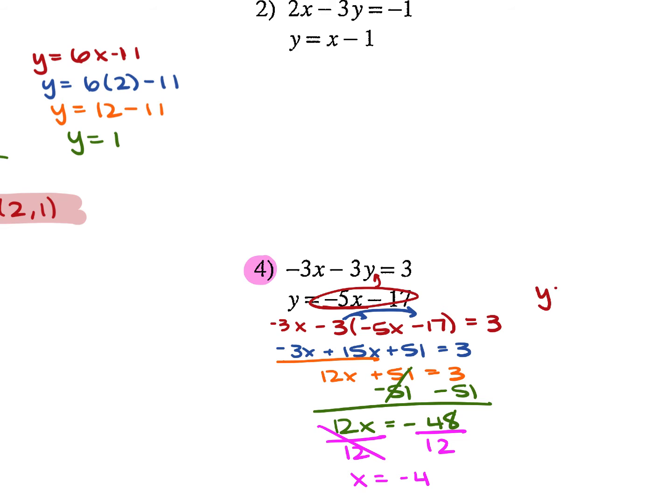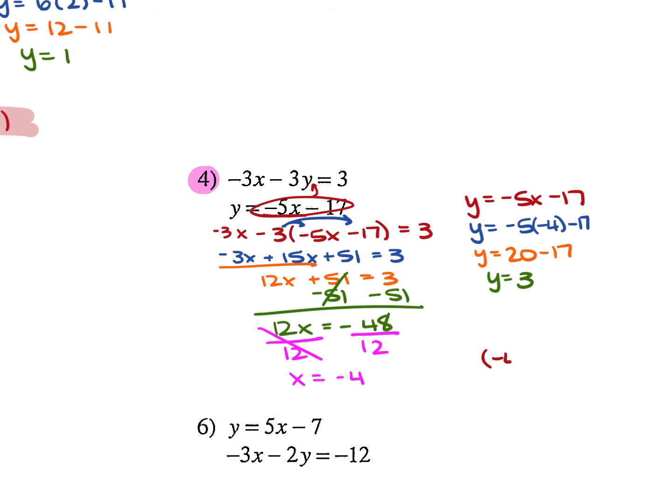We know that y is equal to negative 5x minus 17. So plug in that negative 4 for x in that equation and solve for y. So it's negative 5 times negative 4 minus 17. The negative 5 times negative 4 gives us 20. Minus 17 is 3. So our solution for this one is just negative 4, 3.